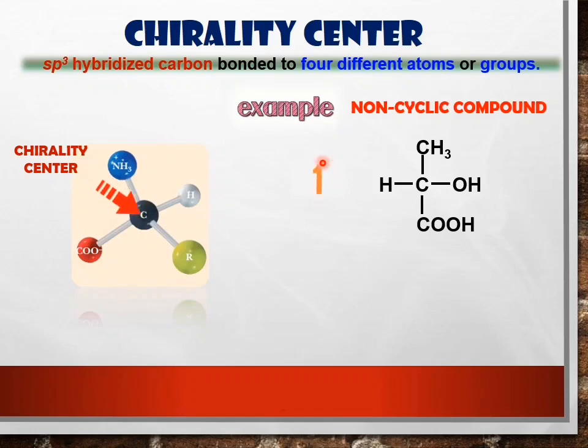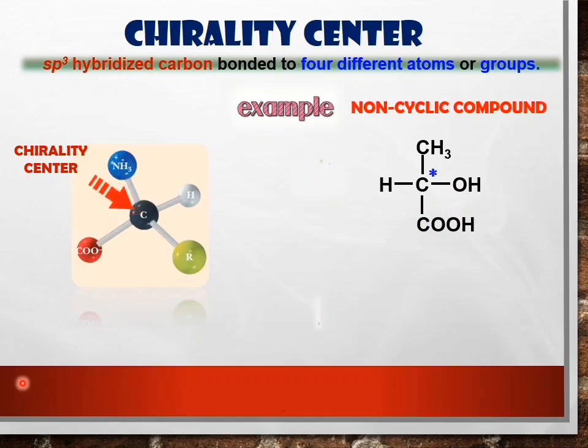Which carbon? Yes, this carbon, the central carbon. Why? Because this carbon is bonded to CH3, OH and H, and also COOH. So this carbon we call a chiral carbon.